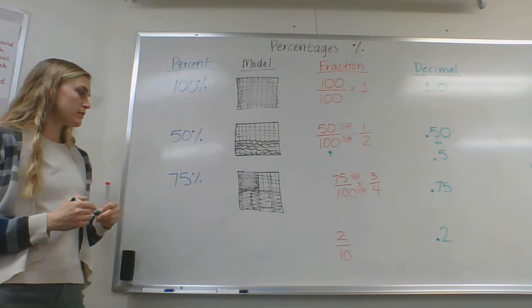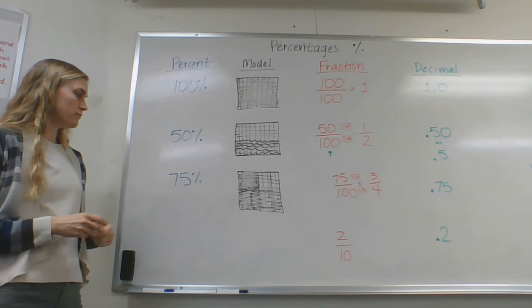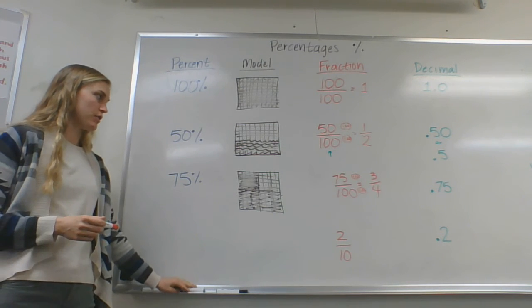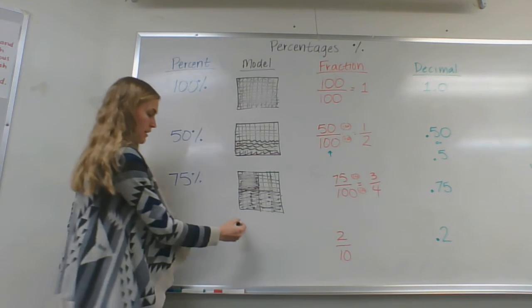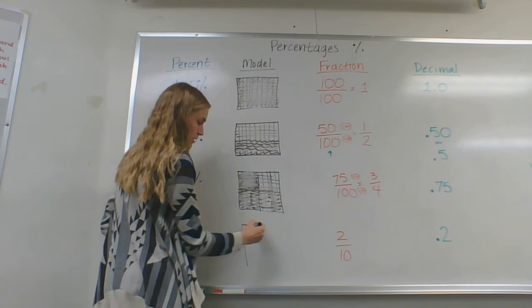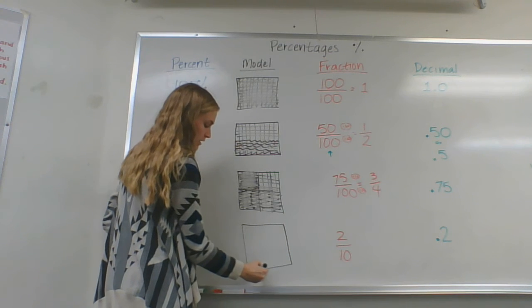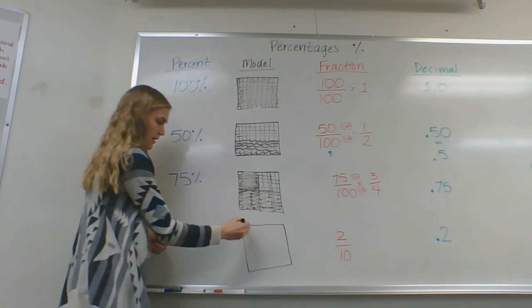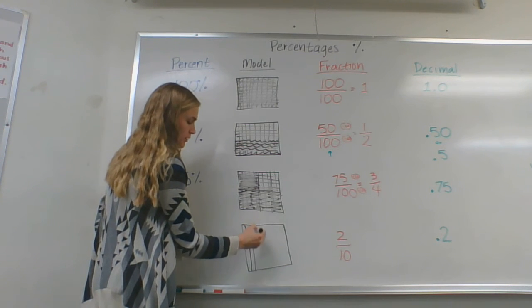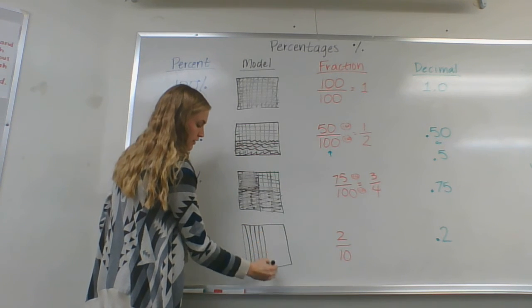But it might not make the model out of 100. If we're doing a 100 grid model, it might not make doing that super easy if our fraction has a denominator of 10. So what should we make our fraction have a denominator of if we're going to use a model that has 100 squares?